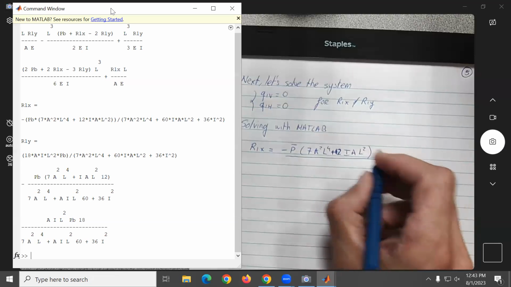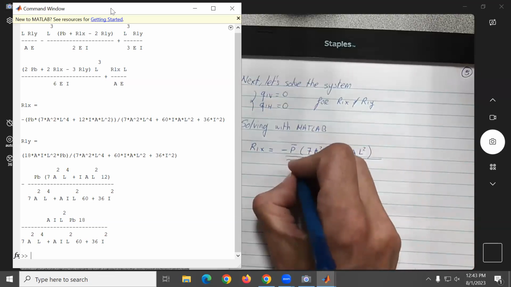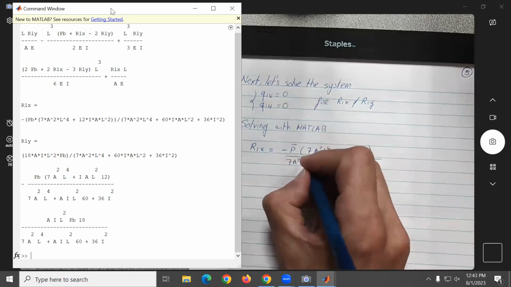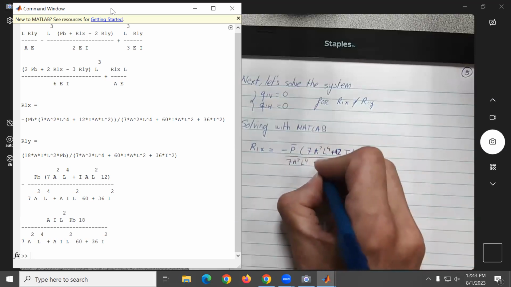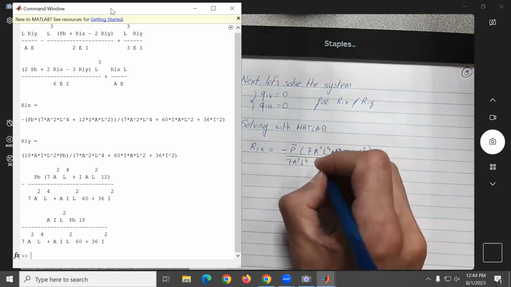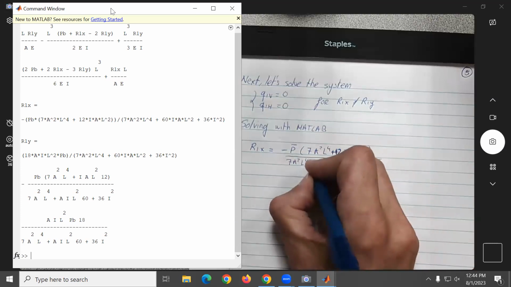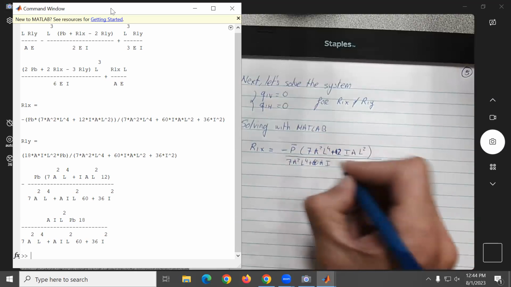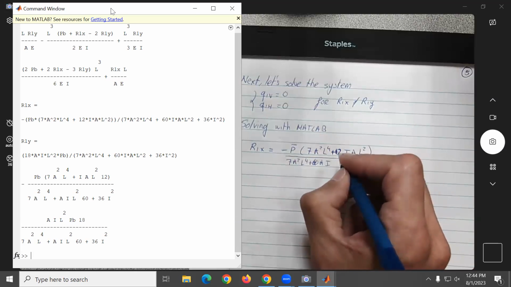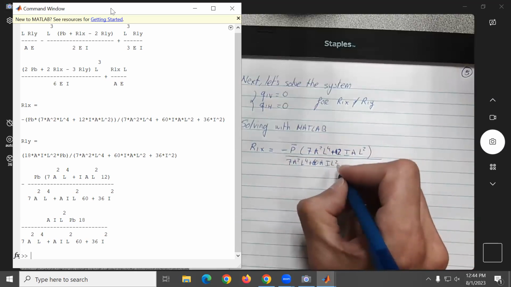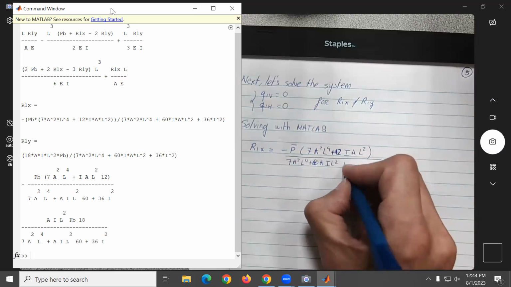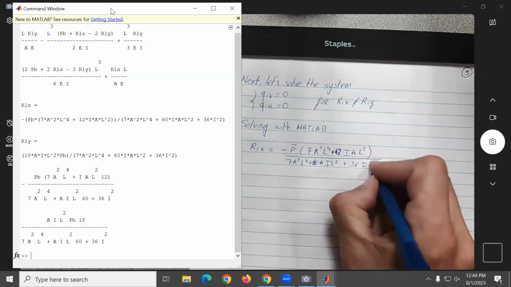divided by 7 A squared L to the 4th plus A I plus 60 A I L squared plus 36 I squared.